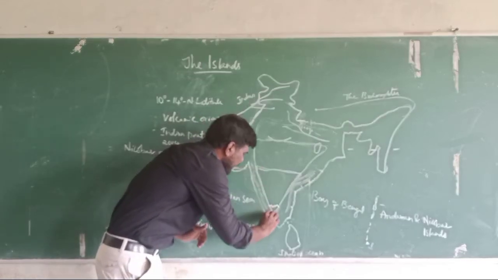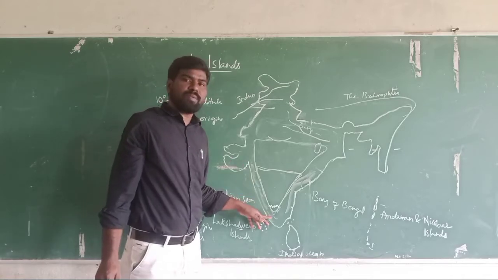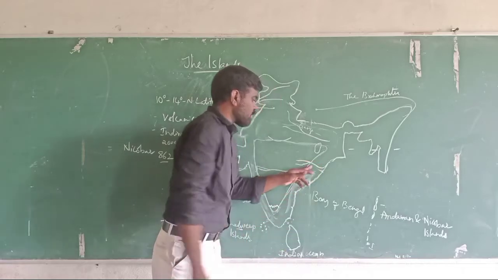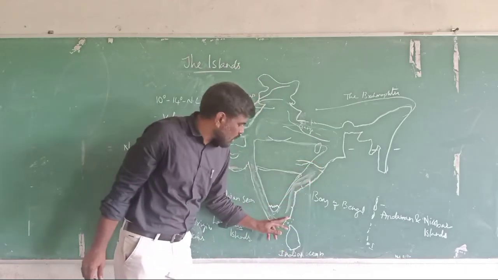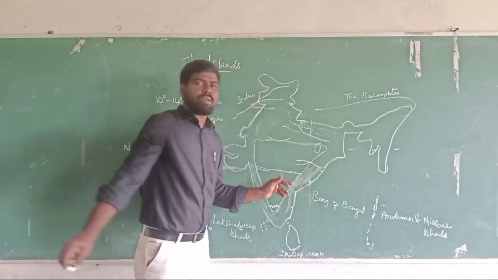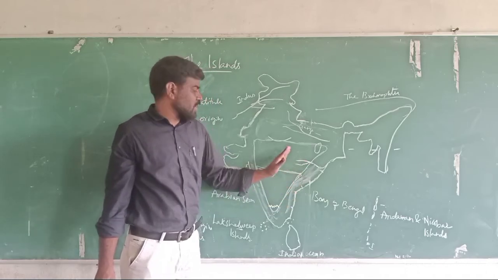The western coastal plains are narrow, stretching from Rann of Kutch to Kanyakumari. The eastern coastal plains stretch from Mahanadi to Kaveri. Here we have deltas, as they are formed by the rivers.